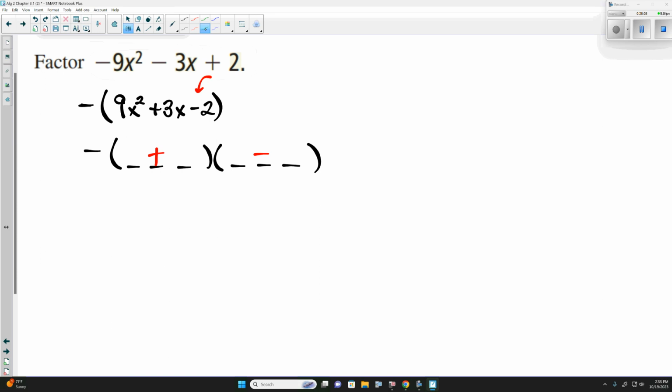9x squared, well, the factors of x squared are x and x. Factors of 9 are 1 and 9 or 3 and 3. Which one do we want to try first? 3 and 3. Factors of 2 are, where do we want to put the 1? Where do we want to put the 2? 1 in the second.